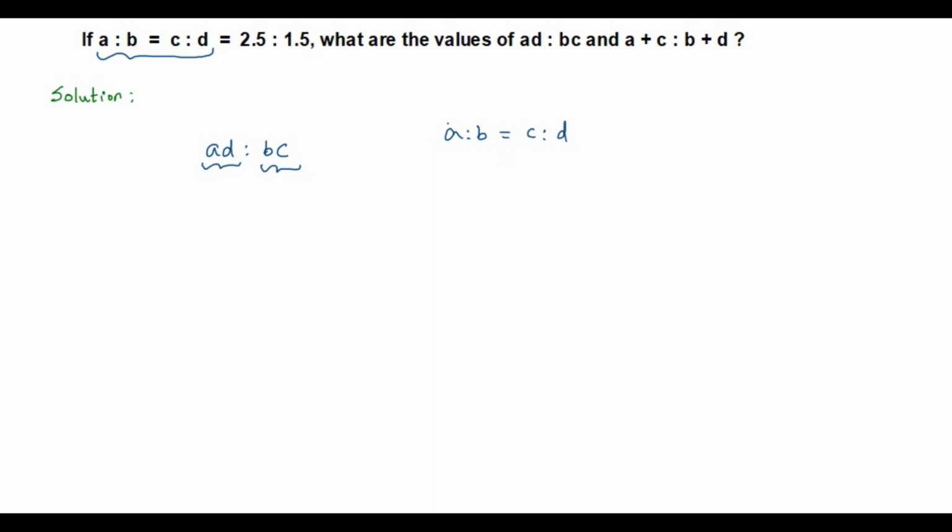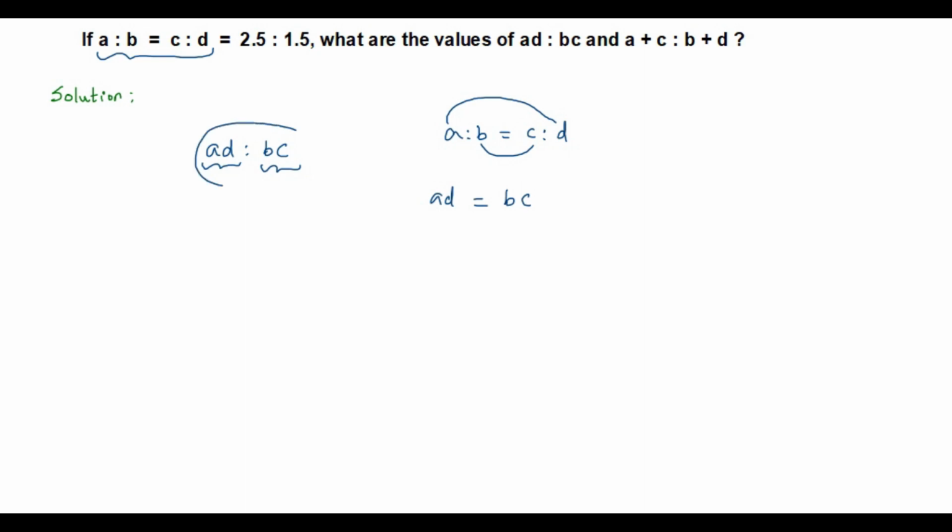The cross product rule is nothing but the product of extremes A and D is equal to the product of means B and C. So in any proportion with two ratios, we can apply the cross product rule. It is a product of extremes equal to the product of means.